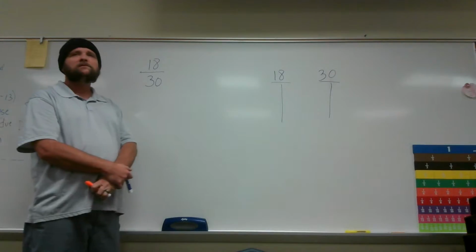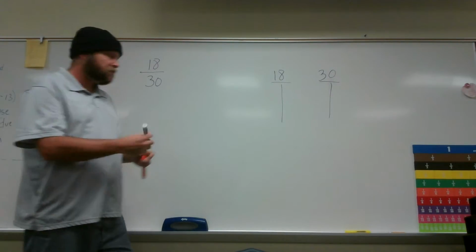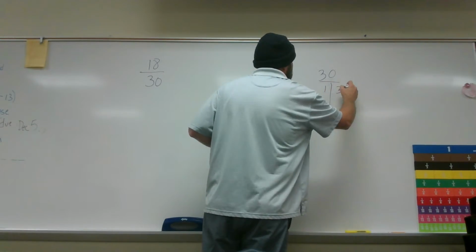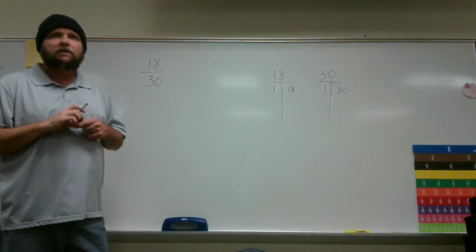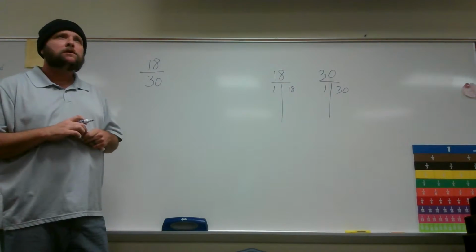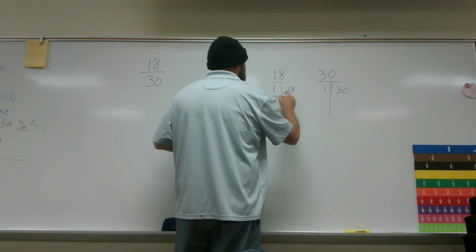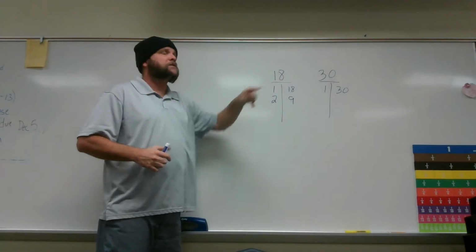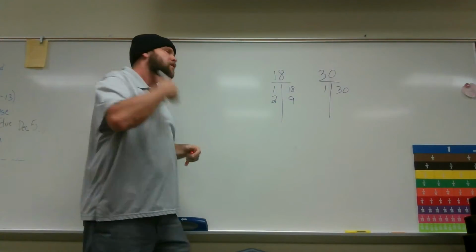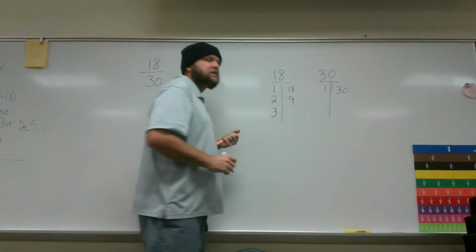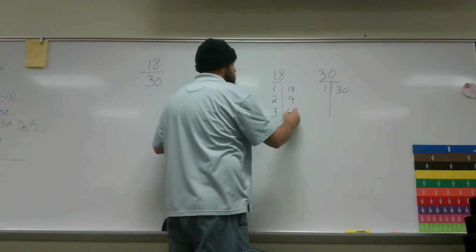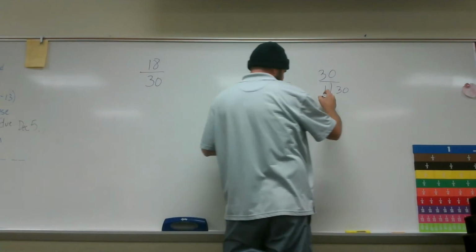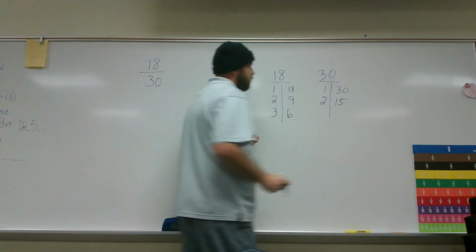Divisibility rules are helpful. 18 is an even number, so 2 and 9. And 3 and 6, because if I add the digits up, 1 plus 8 is 9, and 9 is a multiple of 3, so 3 goes into it 6 times. 30 is an even number, so 2 and 15.